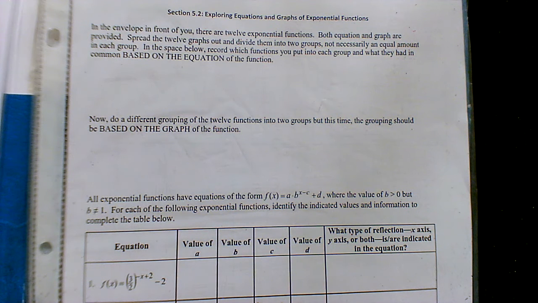But I want you to divide them into 2 groups based off the equation only. Everything in group 1 should have something in common, and everything in group 2 should have something in common. I'm not telling you what to look for because I want you to see what you first notice. Okay, and then we'll talk about all of our little differences. So divide them into 2 groups just based off the equations. I'll give you a few minutes.